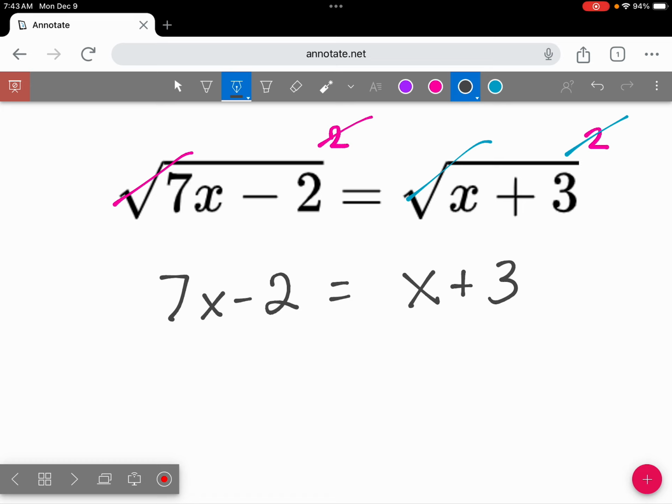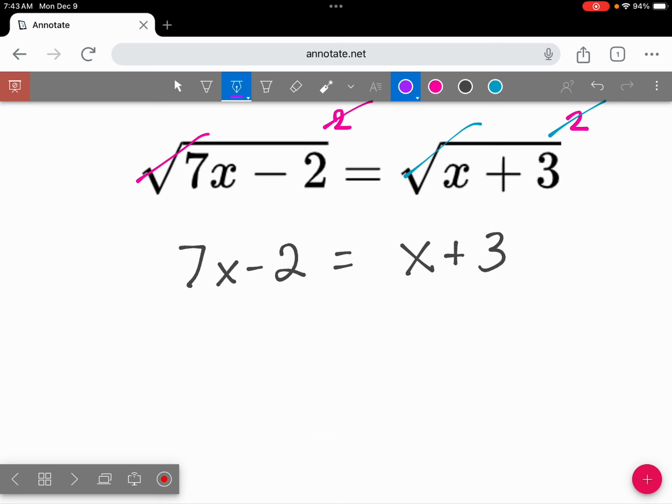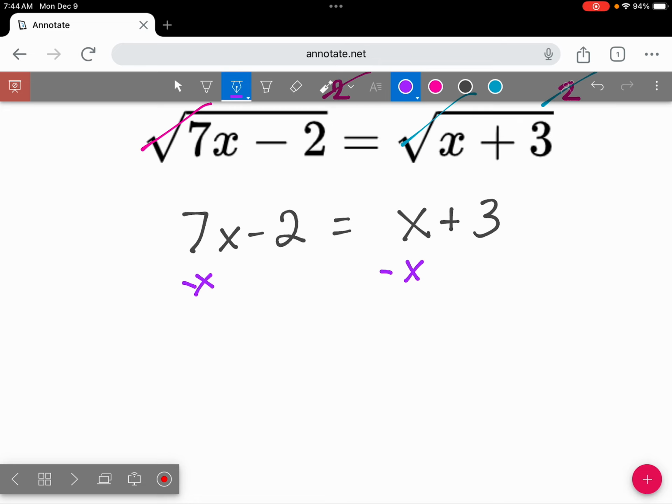So what do we do here? Minus the x on both sides. We only have one more after this one. We're going to have our 6x minus 2 equals 3.